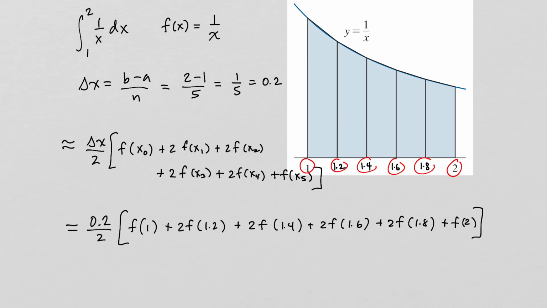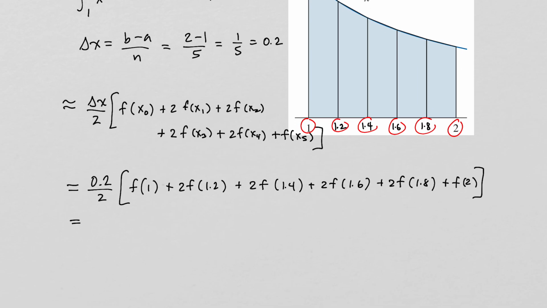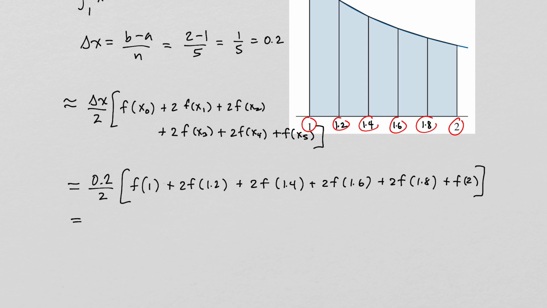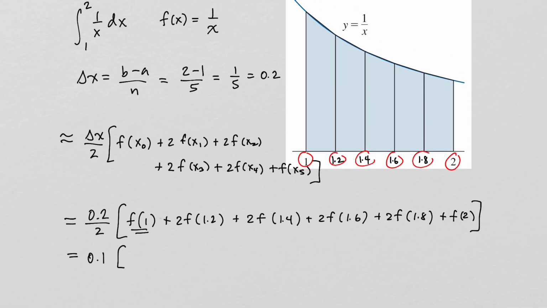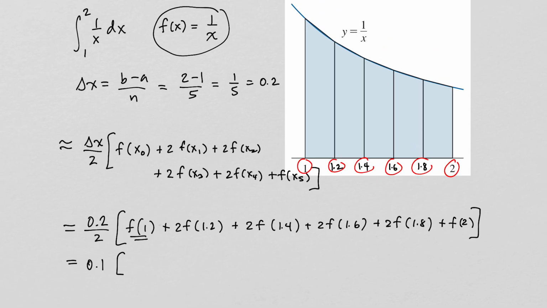So now we just need to do some approximating here. First, let's just go ahead and say that 0.2 divided by 2 is 0.1. Now, what is f of 1? Well, remember, your function is 1 over x. So f of 1 is going to be 1 divided by 1. Plus, then we have 2 times f of 1.2. f of 1.2 is 1 divided by 1.2.